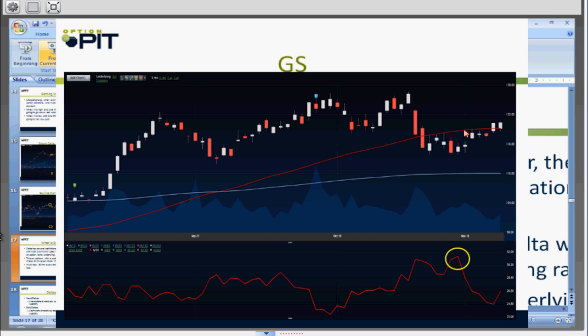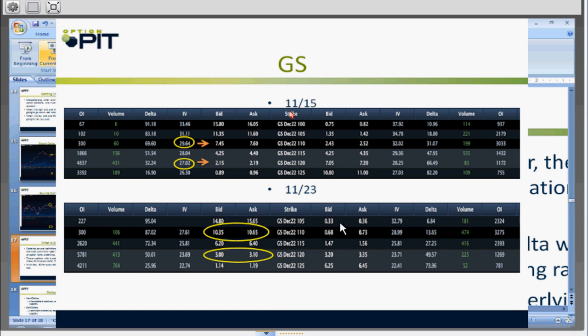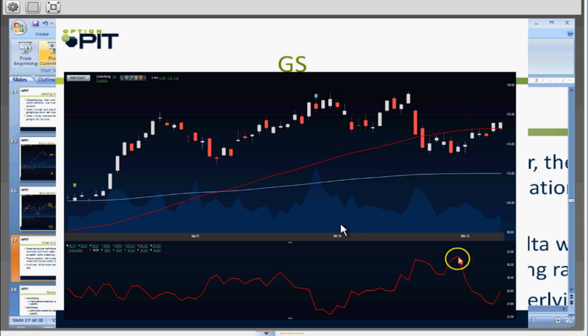If we thought Goldman Sachs was going to rally, what trade might we execute? Well, here's 11:15, the beginning of the move. If we bought calls at the beginning of the move, let's take a look.